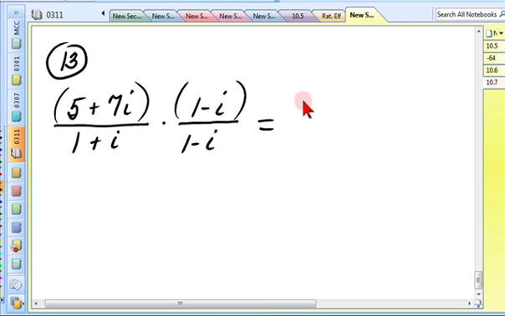So, what's the product of the first? 5 times 1 is 5. The outer product is 5 times a negative i, or negative 5i. The inner product is positive 7i.